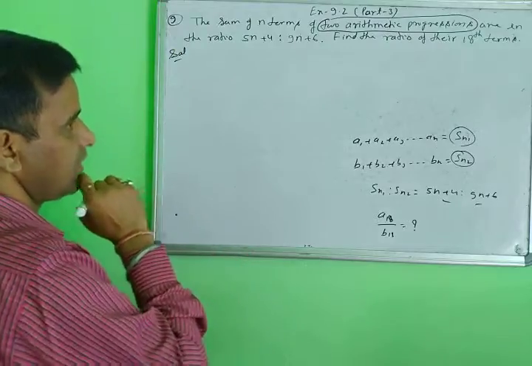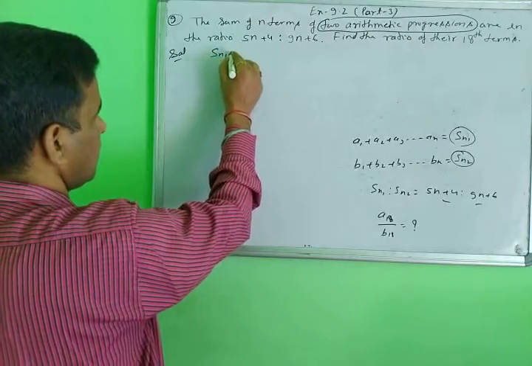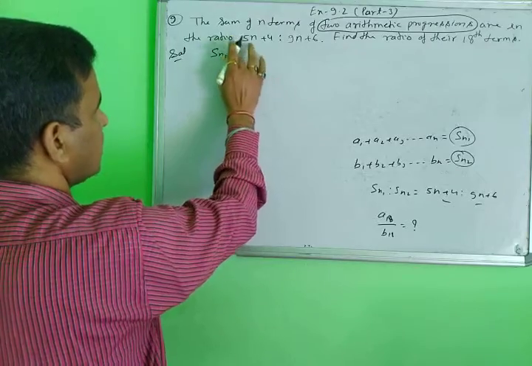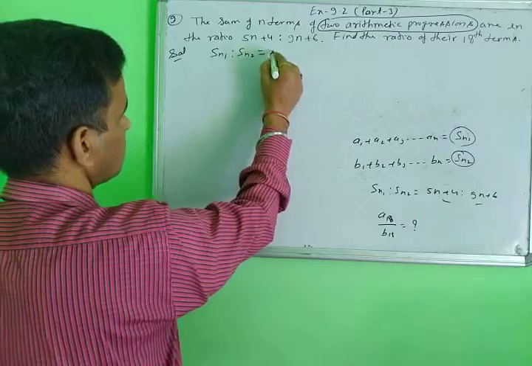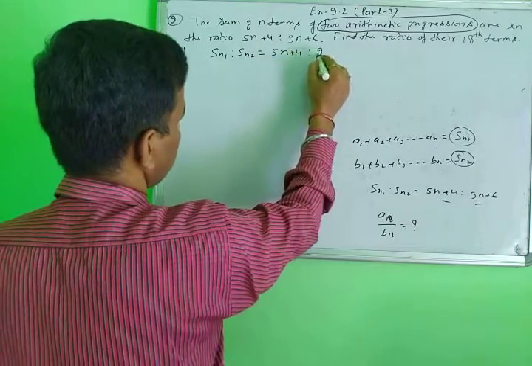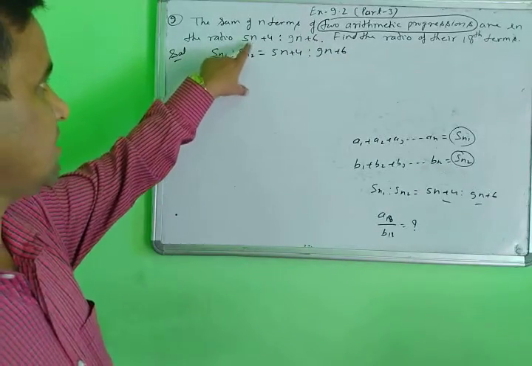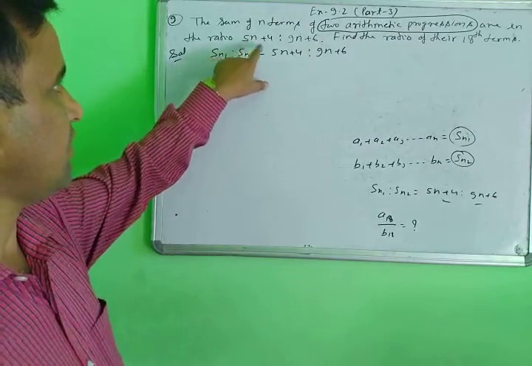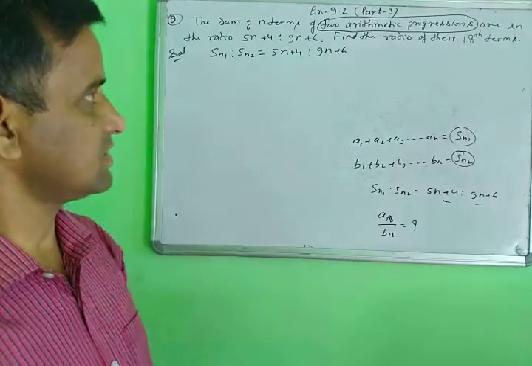First of all, what things are given? Sn1 to Sn2 equals 5n plus 4 to 9n plus 6. Sn1 means 5n plus 4, Sn2 means 9n plus 6.